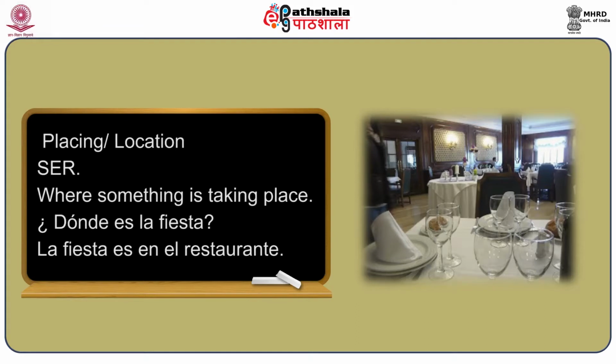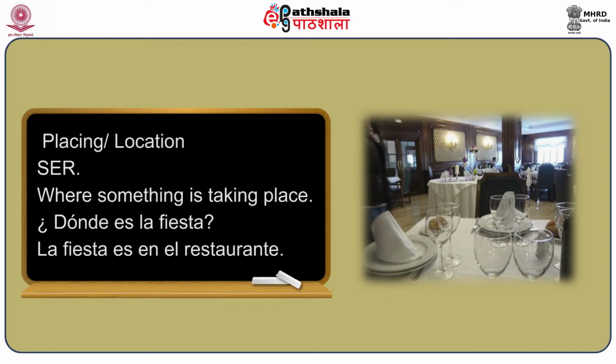These areas are, so the first one that we are going to see is placing or location. Time and place are essential characteristics when we talk about events and ceremonies. Hence, we use ser and not estar because it is something that is not going to change.